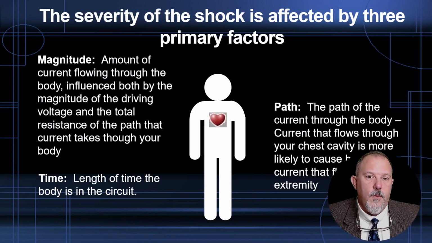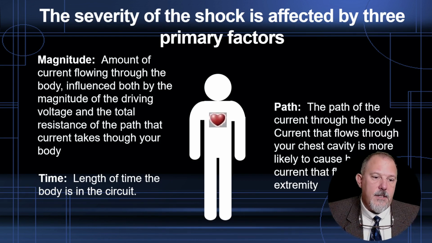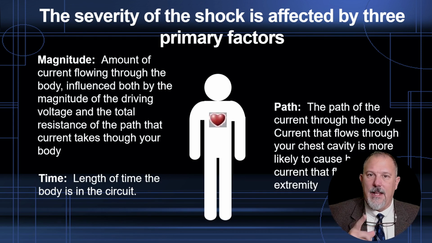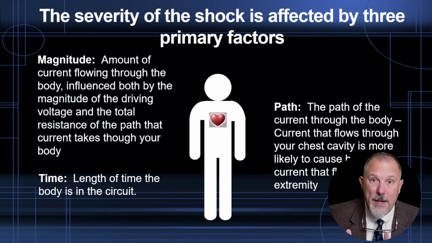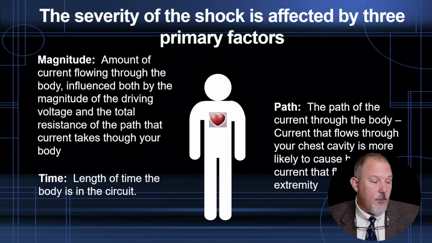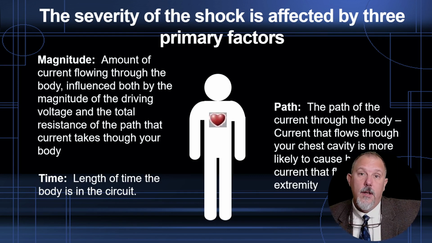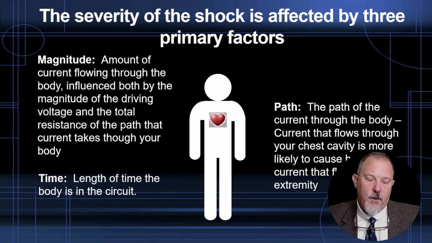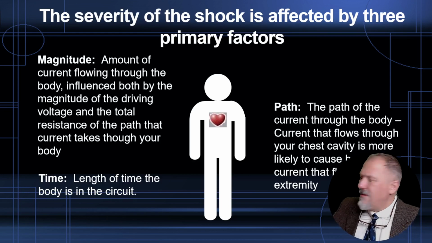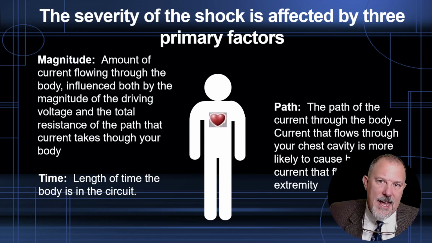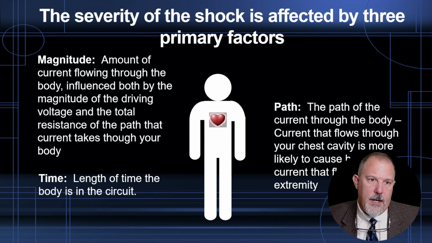Now, remember that I can't control necessarily the path. Nobody intentionally says, I'm going to touch this with my elbow and I know it's energized. If you're touching something that's energized, you're not doing it on purpose. So you don't necessarily control the path that it takes through your body. I can't necessarily control the amount of current that flows through your body.